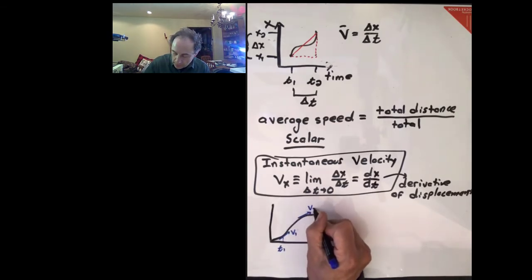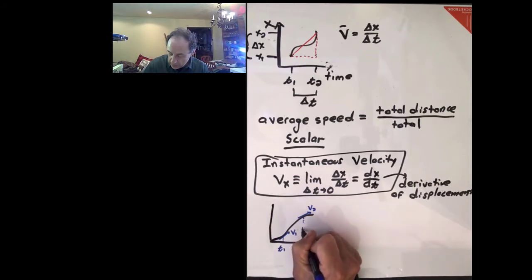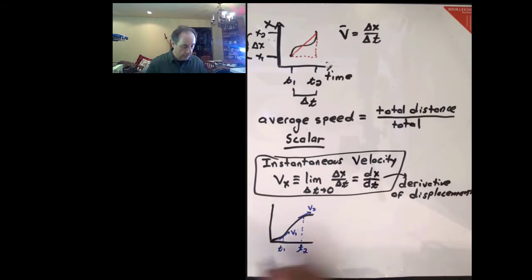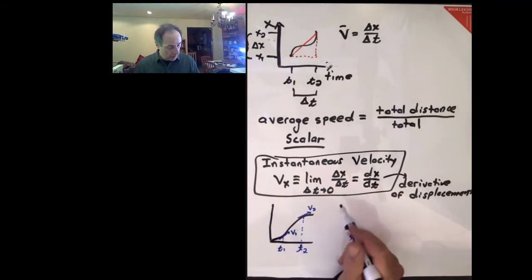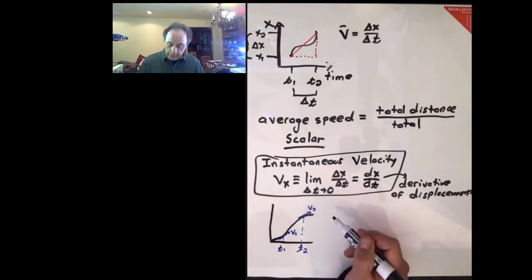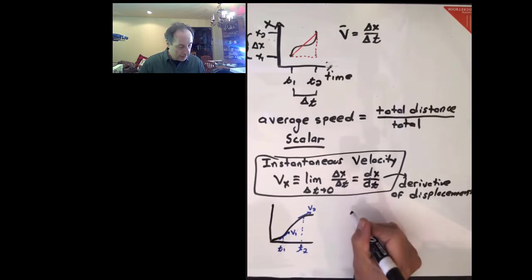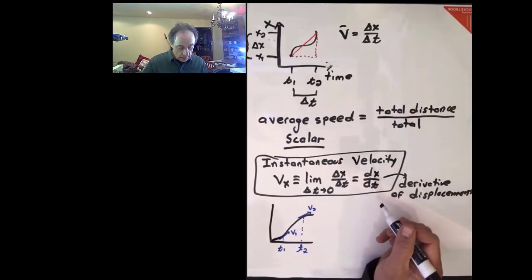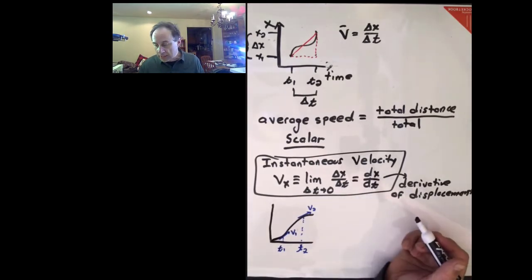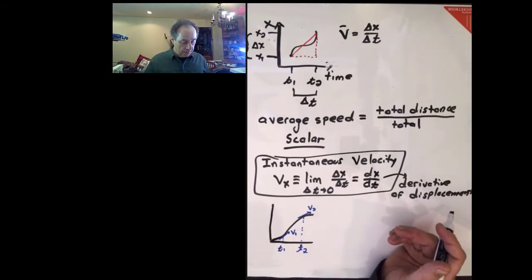This is instantaneous velocity at t2. And just as with average speed, the instantaneous speed is the magnitude of the velocity, right? Because speed is just magnitude.